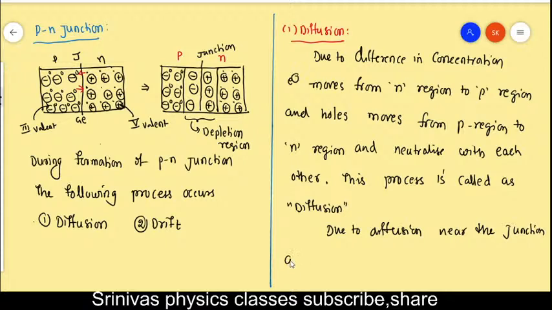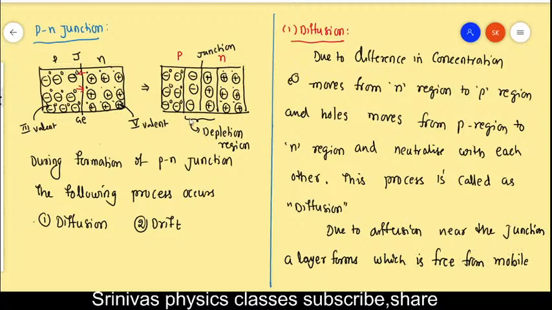A layer forms which is free from mobile charge carriers, meaning no free electrons in this region.